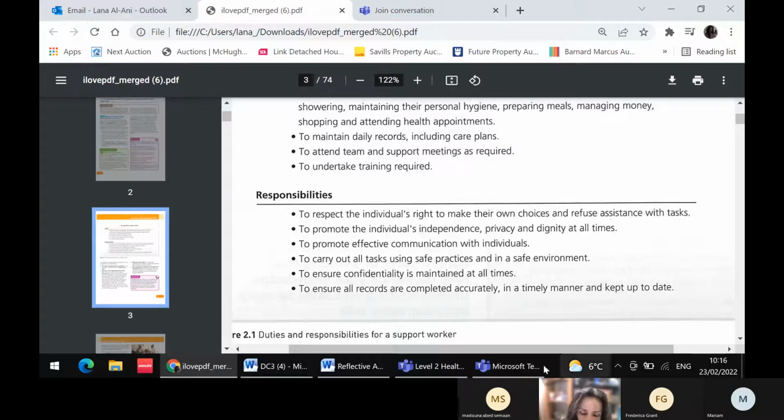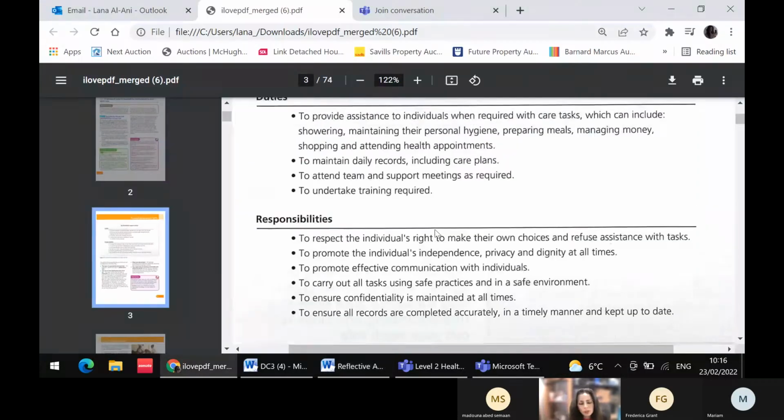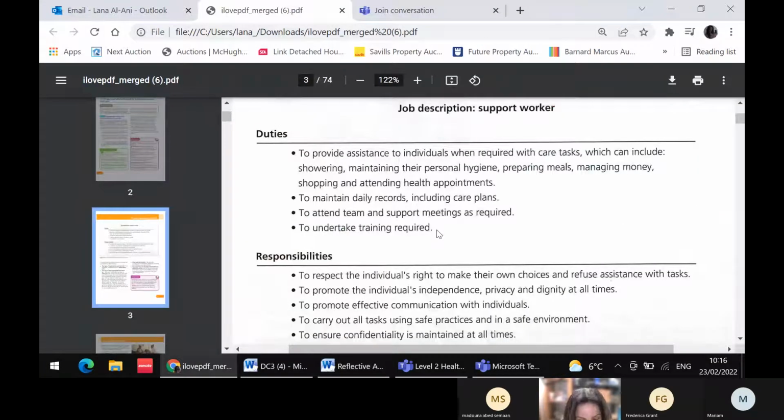So when you go to answer this question, it says describe duties and responsibilities, so we have to answer both parts of the question. First of all, we have duties towards the people we care for, which is that we provide assistance to them in regular daily tasks such as showering, maintaining their personal hygiene, preparing meals, managing money, shopping.